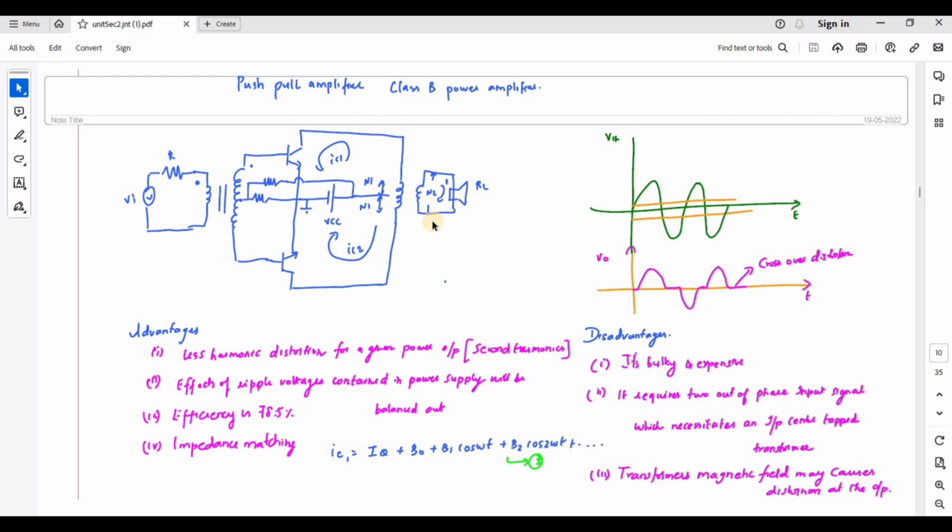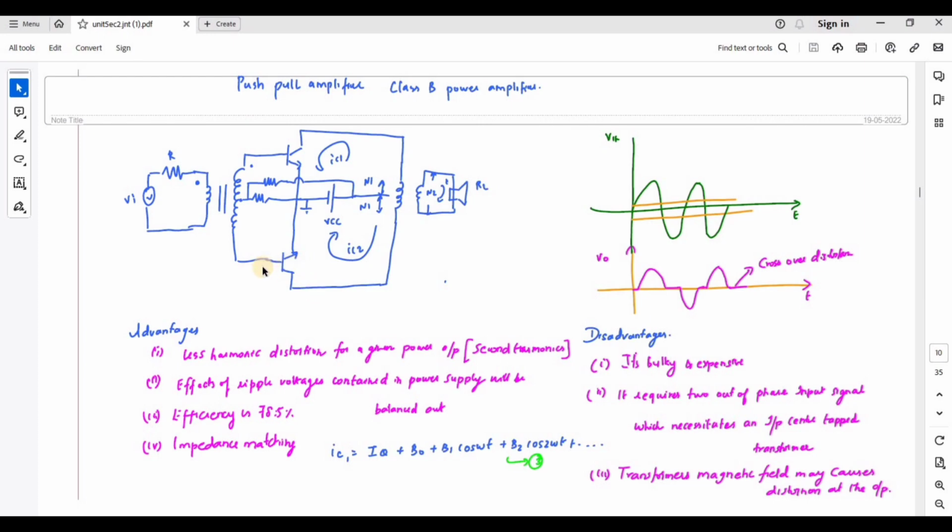Here the transistors Q1 and Q2 are biased at cutoff, which is done by providing a zero bias on the base of each transistor. This zero bias is achieved by connecting the emitter and base terminals together of each transistor.